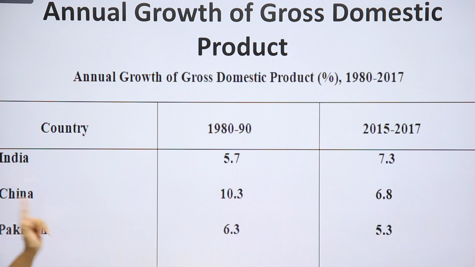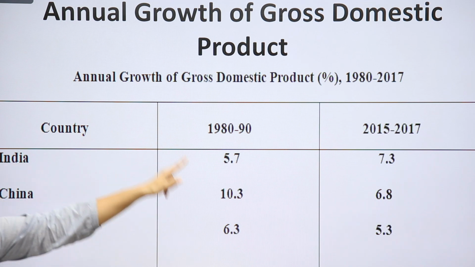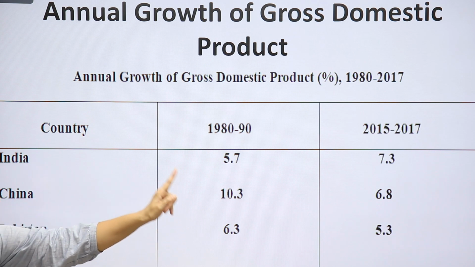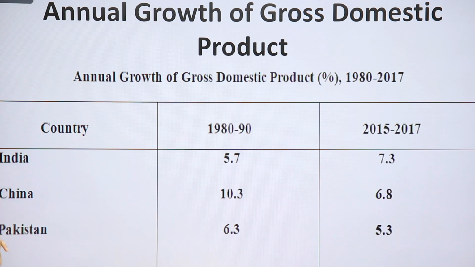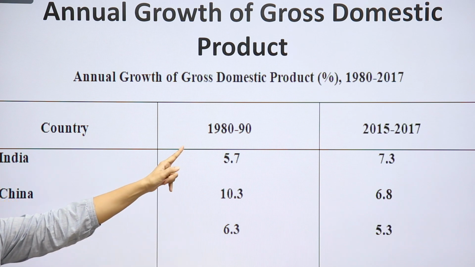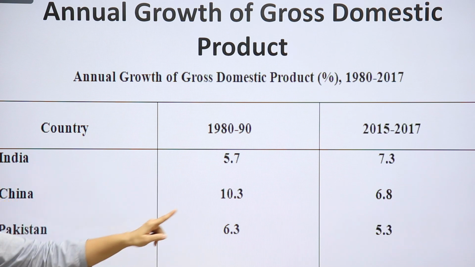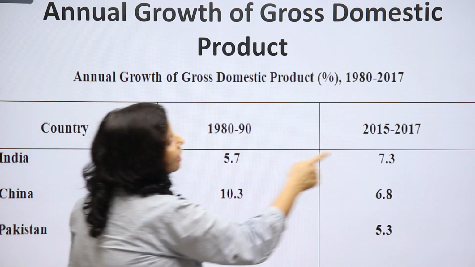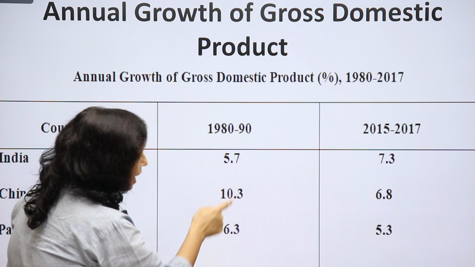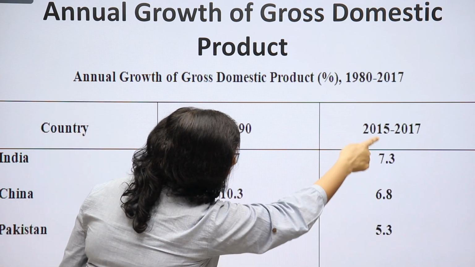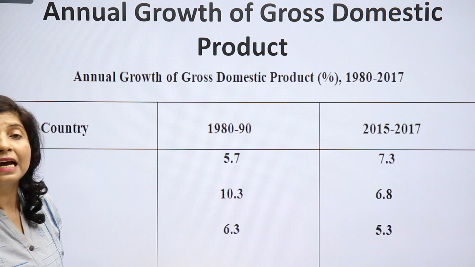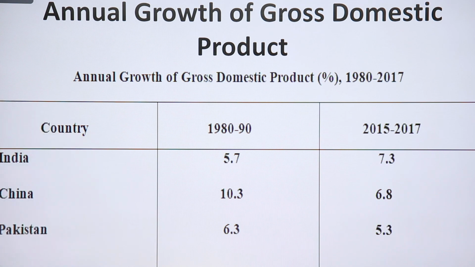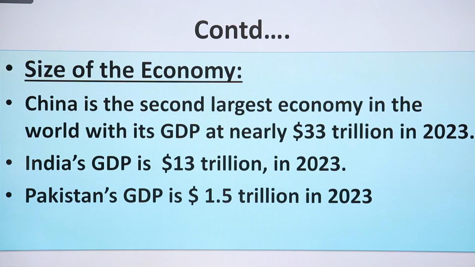Then China's growth rate was 10.3 in this time period, and thereafter it has reduced to 6.8, and Pakistan's growth rate initially in 1980 to 90 was 6.3 and it has decreased to 5.3. And now you can see that India's growth rate has increased, and for China and Pakistan it has decreased in 2015-17. That means India is progressing at a faster rate than China and Pakistan.